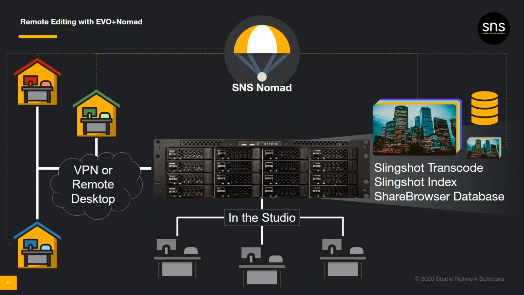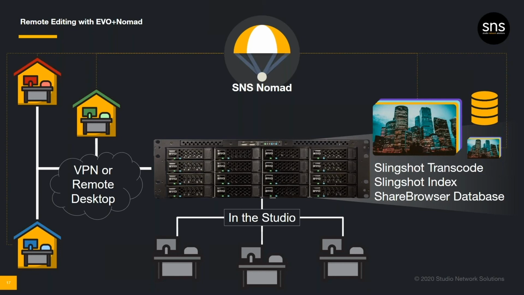You can see at the bottom, the editors in the studio are connected directly to their Evo shared storage and can access their 4K and 8K footage for online editing. They can also download the low-res proxies if they wanted to work offline while they're in the studio, or if they wanted to prep their workstation so that they can use those low-res proxies at home. Say they want to work from home tomorrow.